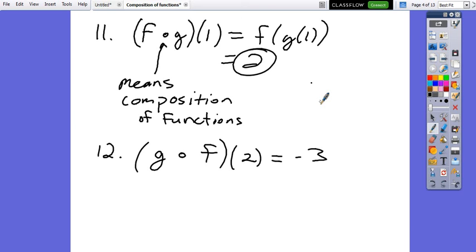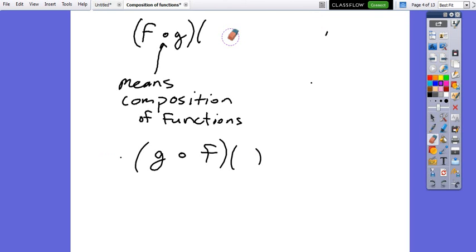This means the composition of functions. So f circle g of x means f of g of x.